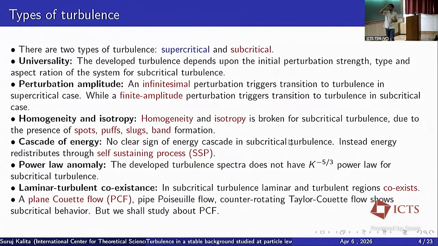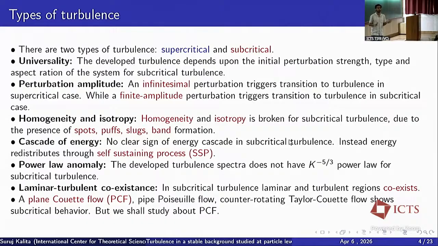In the case of supercritical turbulence, Kolmogorov theory says that whatever initial condition or perturbation type you use, in the inertial range you get self-similarity. If you zoom into the system, the structures are similar. But here there is no inertial length scale and there is no cascade, so you cannot say there is an energy transfer from large scale to small scale.